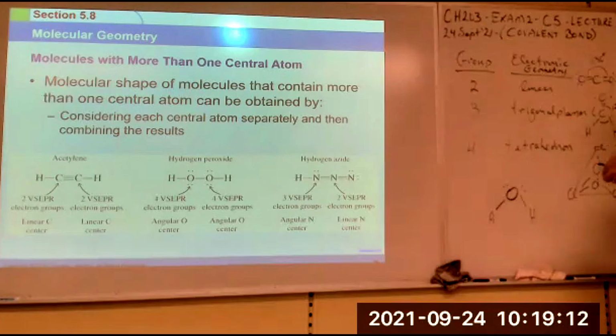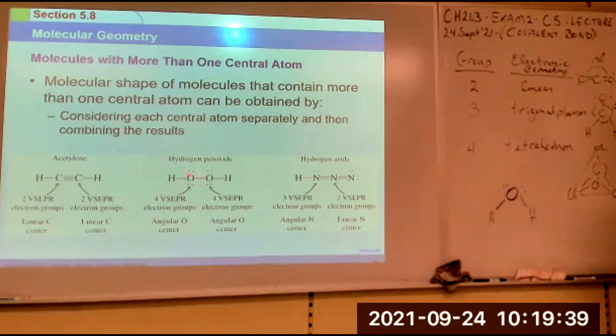Okay, so when you have more than one central atom, they're making the point here that I did earlier, you'll have geometries around each central atom in the larger molecules. In this case, they're both the same, right? You look around there, you got two groups. That one's linear, that one's linear. This one's got 4, so it's tetrahedral around that one, and it's also tetrahedral around that one, hydrogen peroxide.